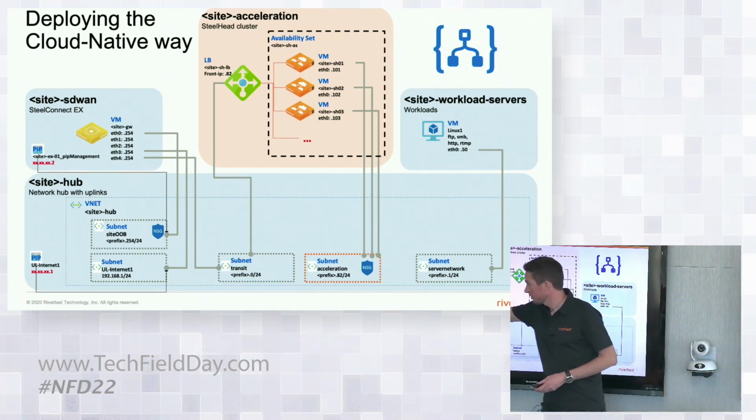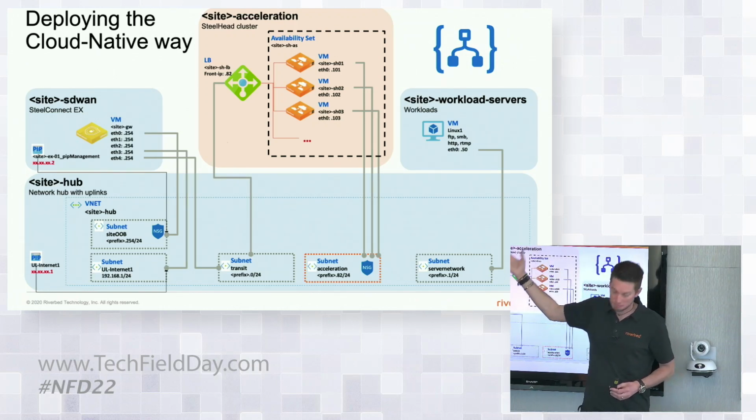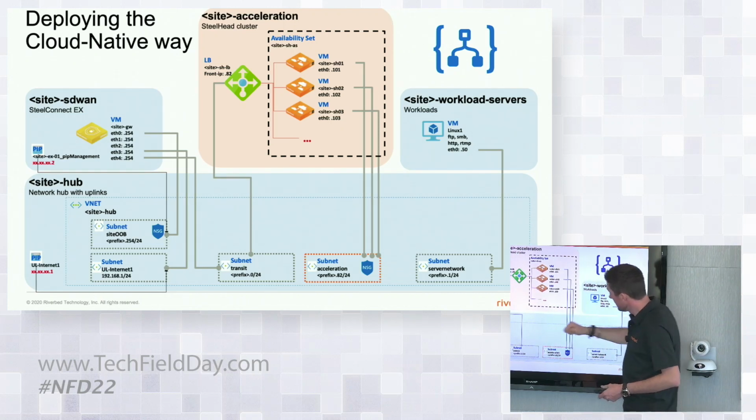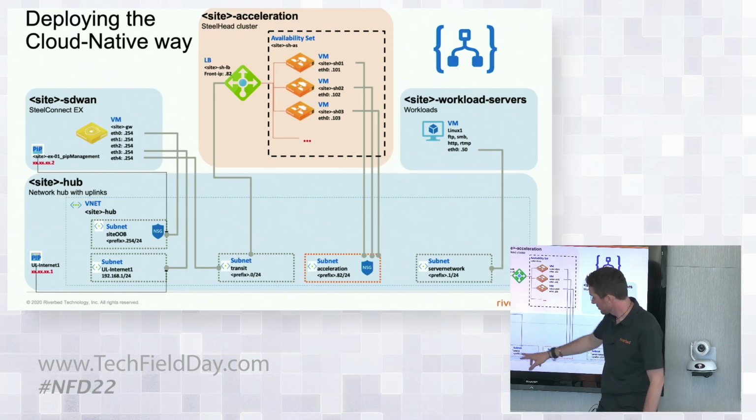So the traffic can come from the internet, it can come from my SD-WAN fabric here with EX, could be something else. And then the traffic goes to my subnet here, which I call transit.